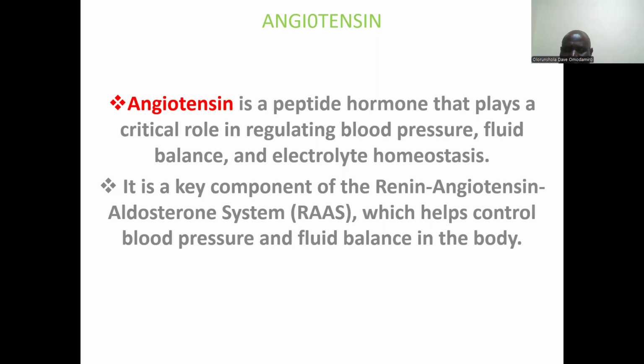Electrolytes are sodium ion, chloride ion, bicarbonate, and potassium ion. Angiotensin is the key component of the renin-angiotensin-aldosterone system, which helps control blood pressure and fluid balance in the body.